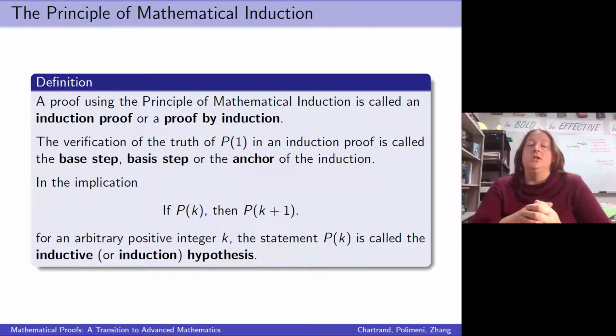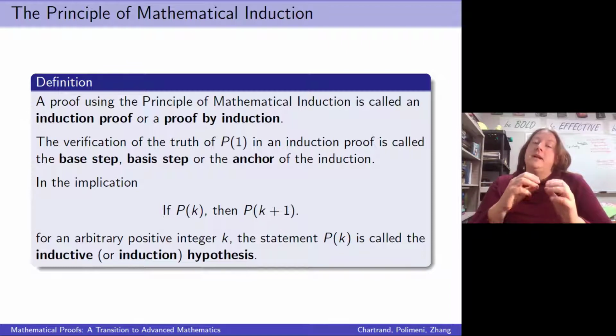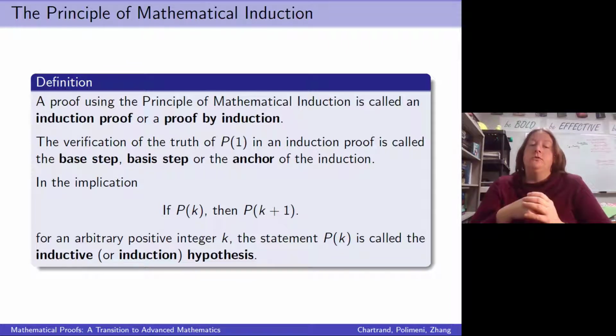That step where we show that P of 1 is true is called the base step or basis step. Occasionally the anchor, but primarily the base or basis step. It's the foundation for the whole proof.